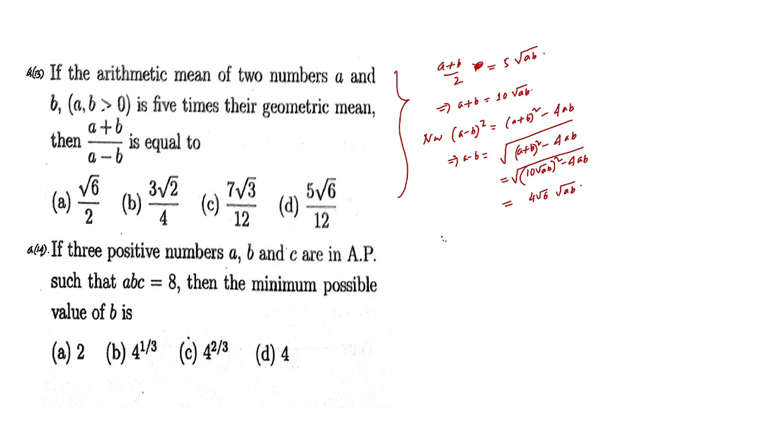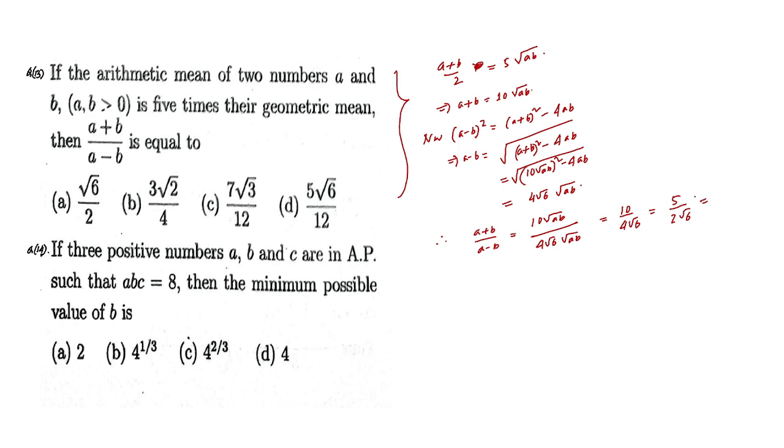Now we calculate the ratio A plus B by A minus B. So 10 root AB divided by 4 root 6 root AB. That means 10 by 4 root 6, which is 5 by 2 root 6. So this is the value of the ratio.